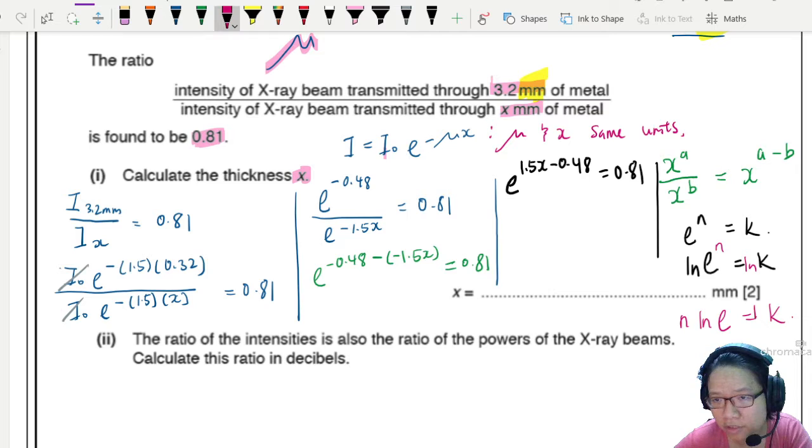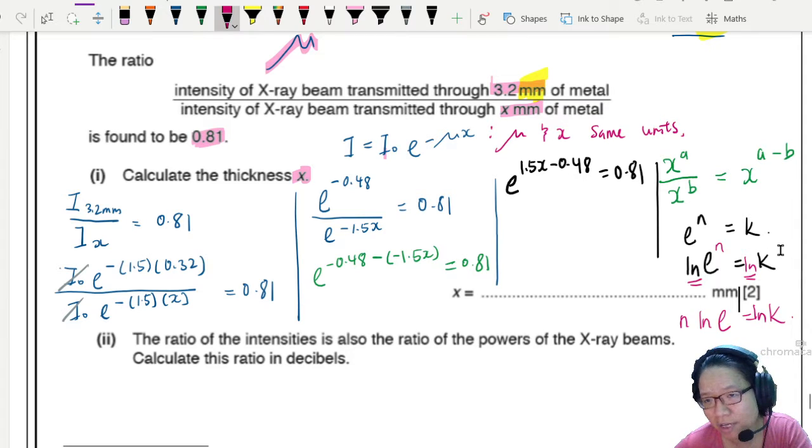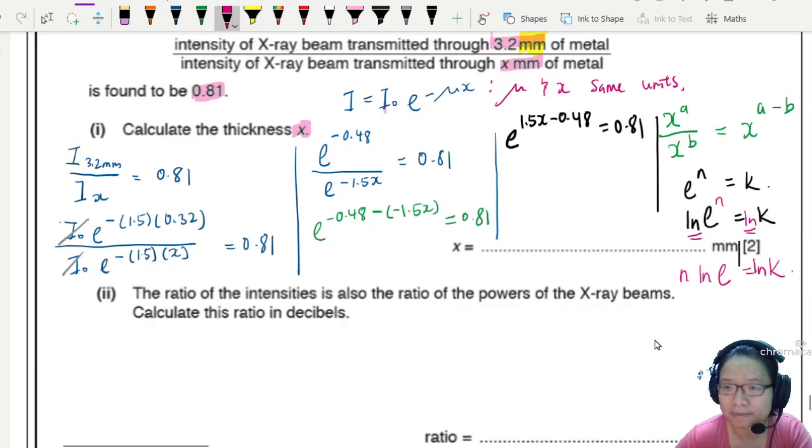When you ln both sides, you ln one side, you ln the other side, you get n ln e equal to ln k. But what is ln e? This is 1. So n times 1 is equal to ln k.